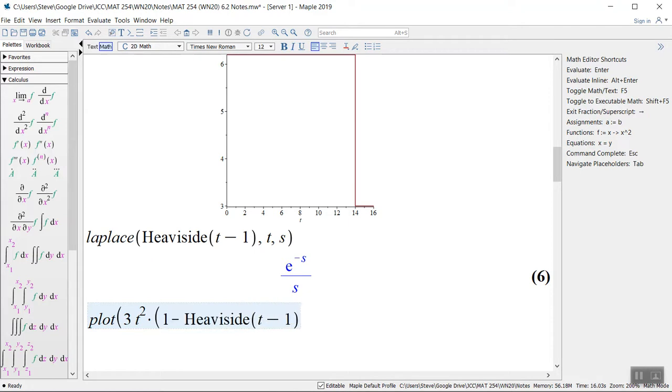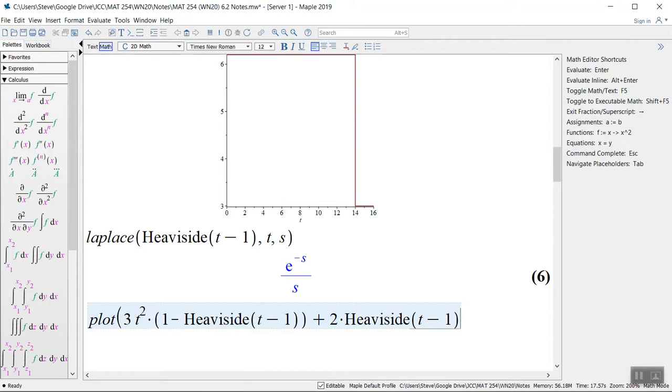So 1 minus the Heaviside of t minus 1. Close parentheses. Plus 2 times the Heaviside of t minus 1. And remember, it's t minus 1 because we're asking the Heaviside to kick in when t is exactly equal to 1.